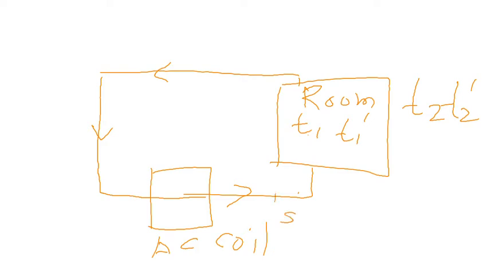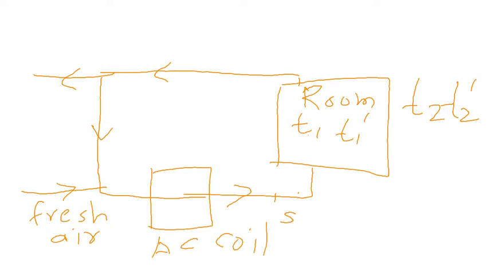Now what generally happens is, when you are talking about a central AC system, some of the room air you throw back to the atmosphere and you suck in certain fresh air. So some fresh air is taken from the outside and certain room air is thrown out.